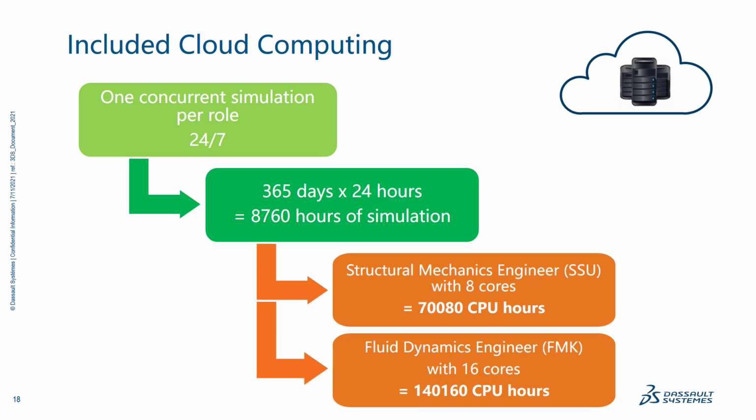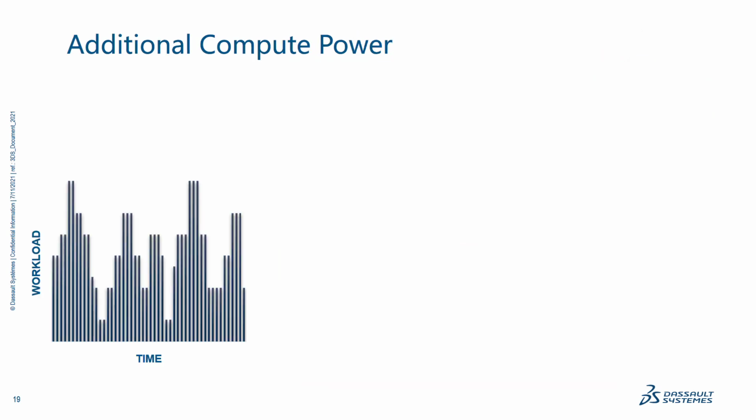But what's possible when you want to go beyond these capabilities we are including? How to use more cores, for example, or to run multiple simulations at a time. So here's an example. Let's assume that time graph could be a month or a quarter, and you have different workloads regarding the compute capacity that you need when running simulations.